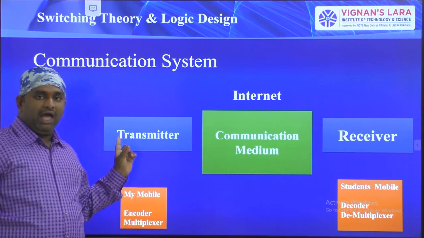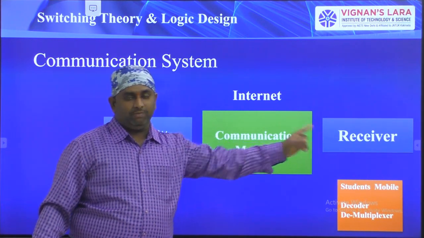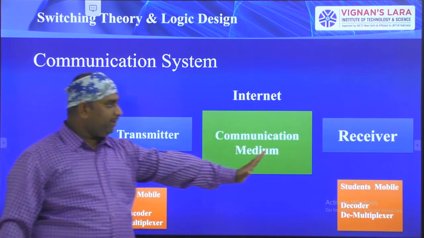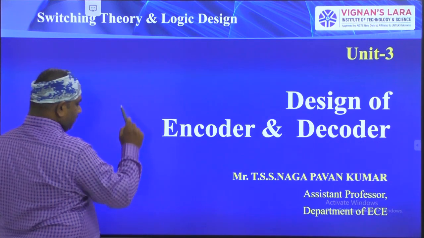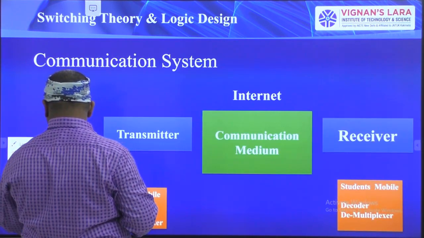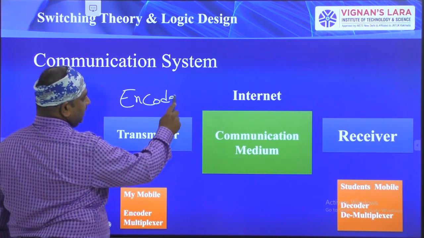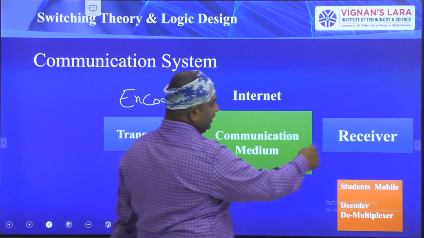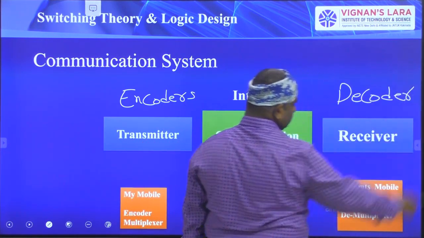From this side I am giving the information, and that side is receiving the information. Here we are transmitting the information, here we are receiving the information. So this is the example. Here, at the transmitter side we are using encoders, and at the receiver side we are using decoders.